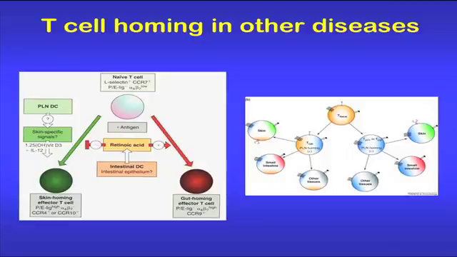So not just multiple sclerosis, but other major inflammatory diseases of humans could be treated in this way. The right-hand panel now simply shows this progressive scheme of differentiation by which a naive T cell is activated by antigen in contexts which either direct it to the skin, the gut, or to a variety of other tissues.